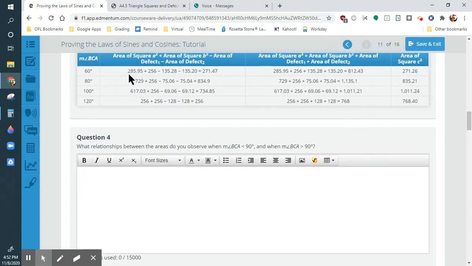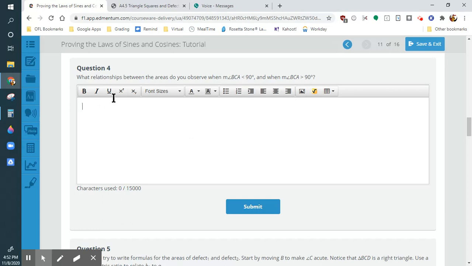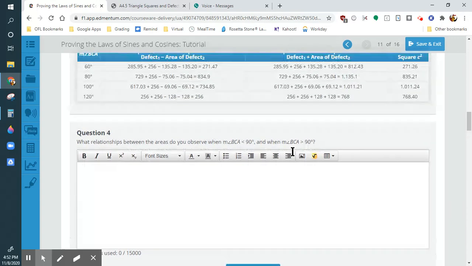Make sure you're showing your work, how you're adding them and subtracting them. What relationship between the areas do you observe when measurement of angle BCA is less than 90 degrees? And when measure angle greater than, oh, okay.